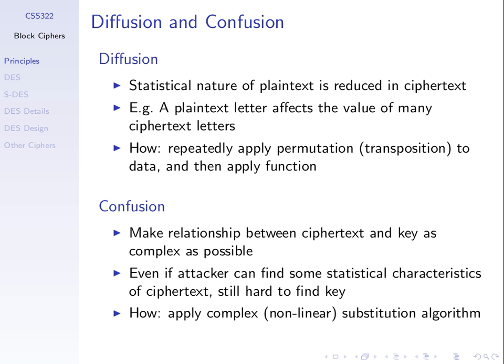Or the other way around, an output ciphertext letter is impacted by many input plaintext letters. We'll see there's a measure for this, but if you change just one plaintext letter on the input, as a result, many ciphertext letters will change on the output.